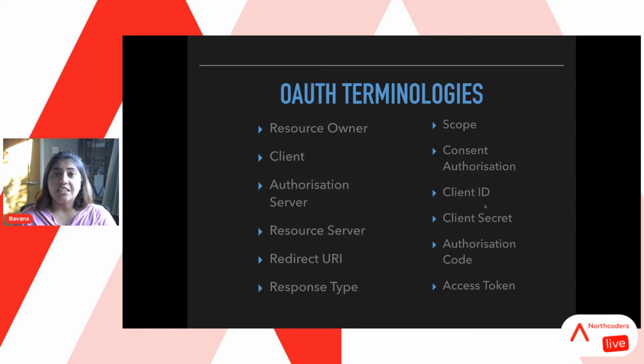Now, the resource server is what you want the resources from. When you ask as a client for resources, if you're on Airbnb and you ask Google to share its contacts with you, as a user, you want Google to share all its contacts so you can send advertisement messages or some kind of message on your behalf to your contacts, then this would become your resource server.